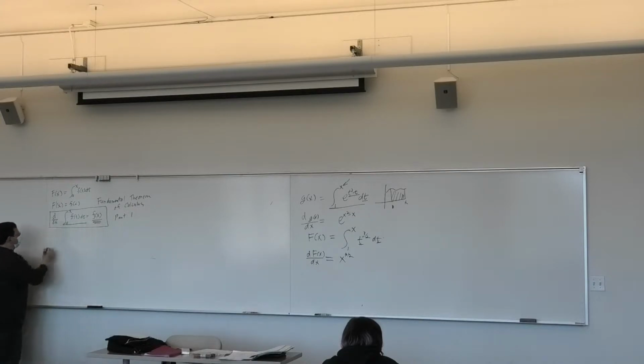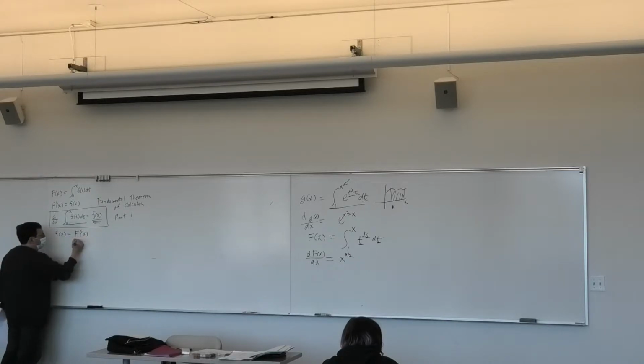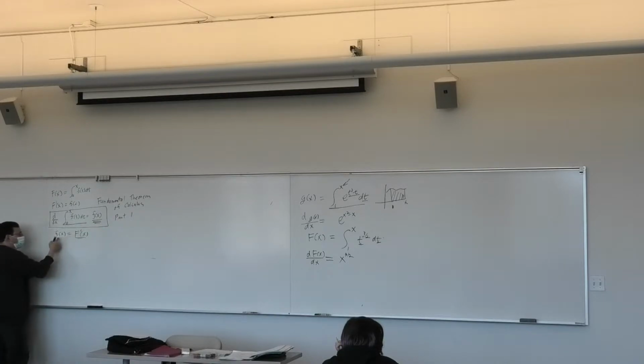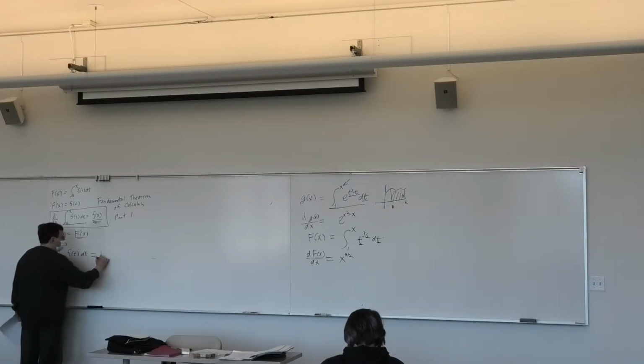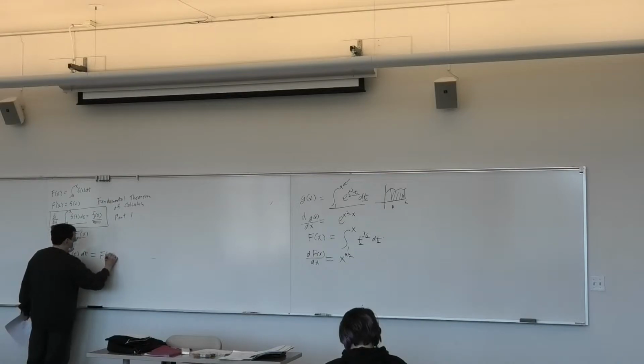Yeah, part 2 says that if you have some function f of x and an antiderivative, meaning a function whose derivative is this function, then you can find the area between 2 points by evaluating the antiderivative.